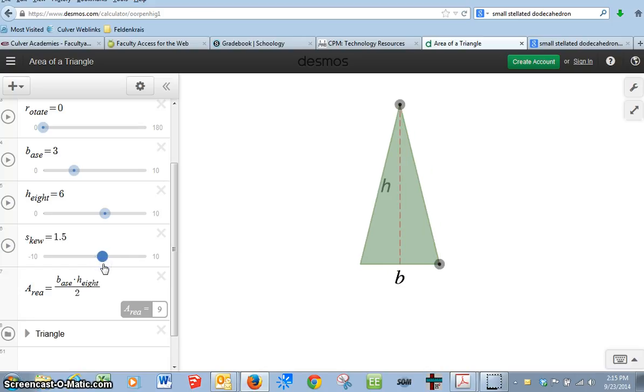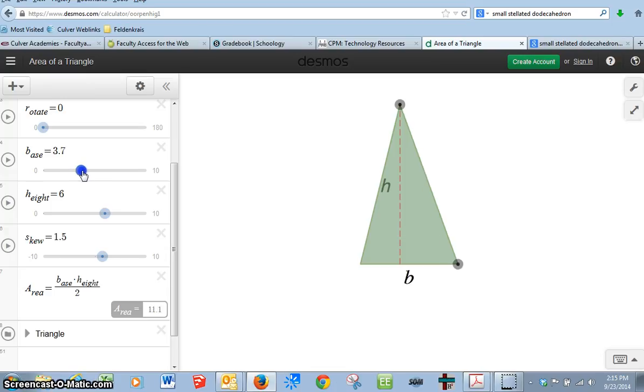So this will work when the base is 4 and the height is 5, and when the base is 3 and the height is 6, but maybe it's only working for whole numbers. When the base is 3.7 and the height is 1.7, the area formula hasn't changed for this triangle. I have an area of approximately 3.145. But what if I change the skew over to the isosceles representation?